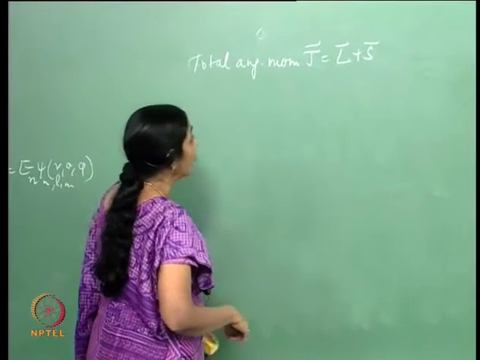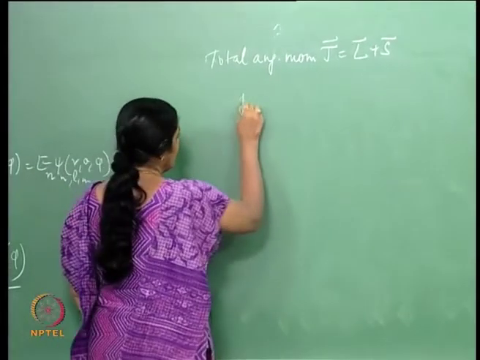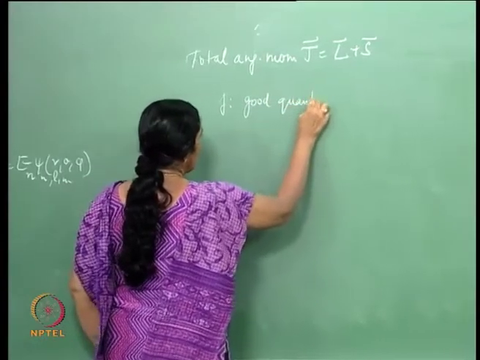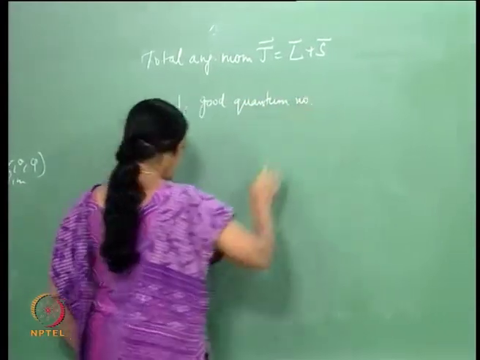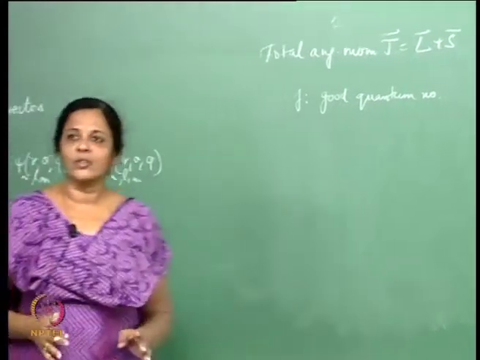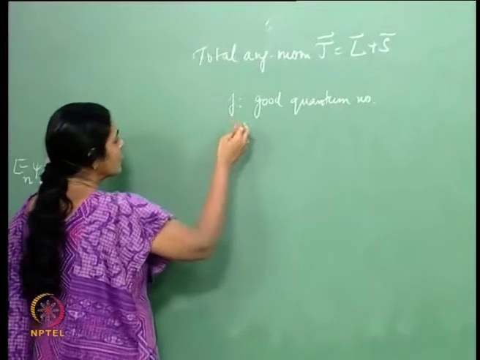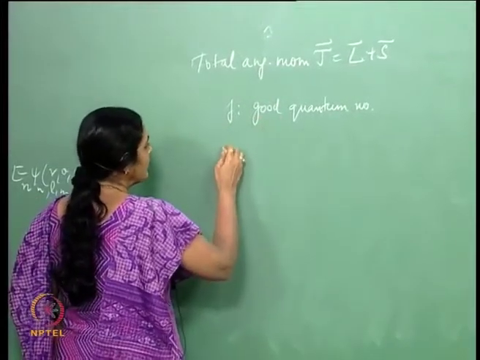Now J is a good quantum number. What do you mean by a good quantum number? Well, in a very popular sense of the term, it simply means the following: J is what is conserved in any process.